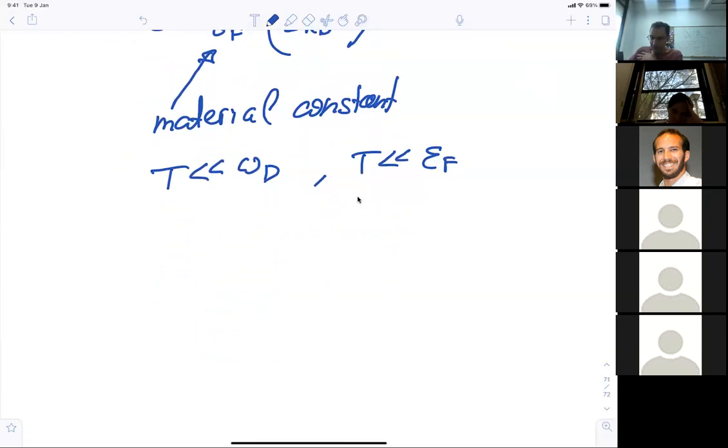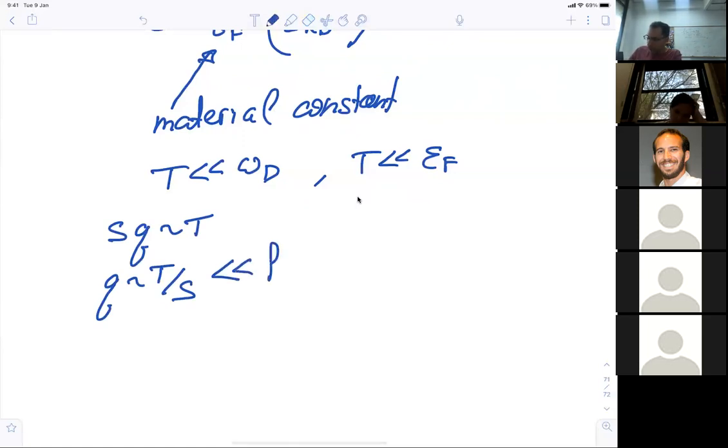We know that phonons have a momentum that can be at most thermal. Therefore, the value of the momentum, temperature over s, in the low temperature region will be much smaller than the Fermi momentum.